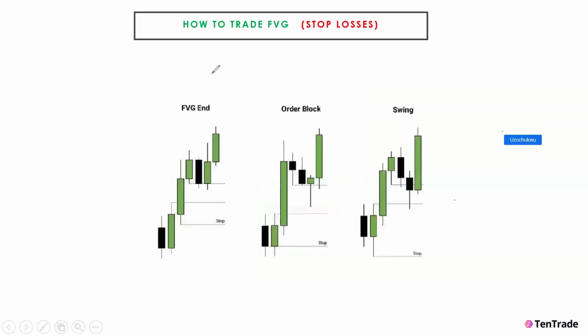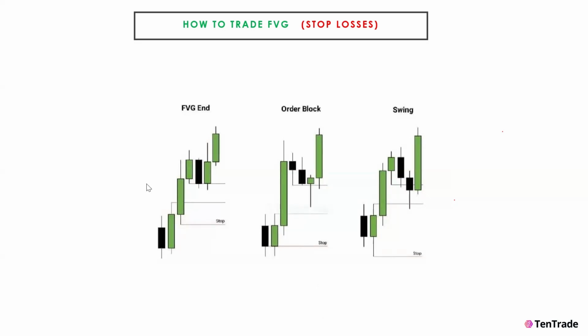All right. So if you are trading fair value gap, these are the most likely places where you should put your stop loss. For those who want to enter based on fair value gap and use stop losses based on the fair value gap, it means you're entering at the consequent encroachment line.